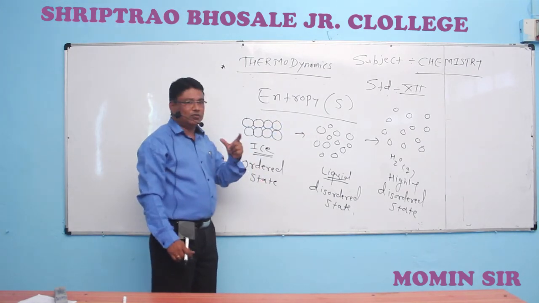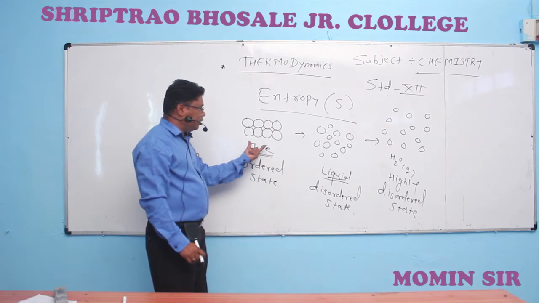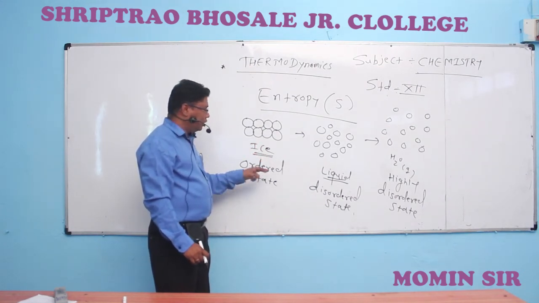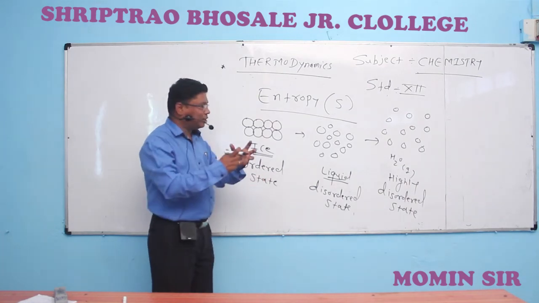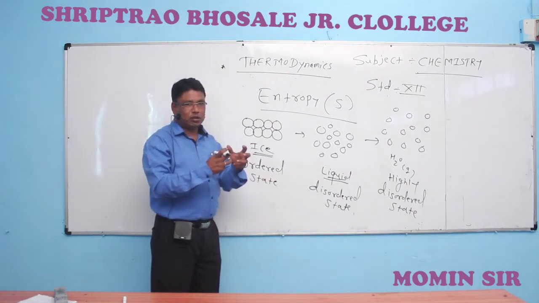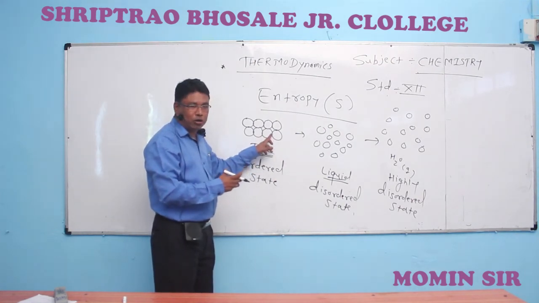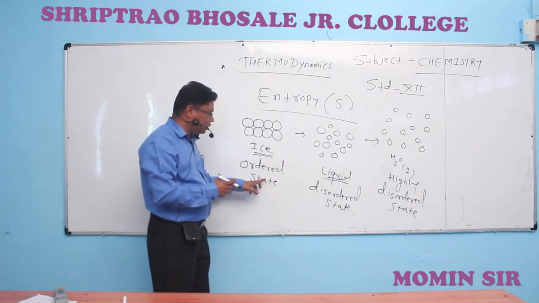For that we take one example. In solid state, the molecules of H2O are in ordered state, means the attraction between molecules of H2O in solid ice is very strong. That means their state is ordered.